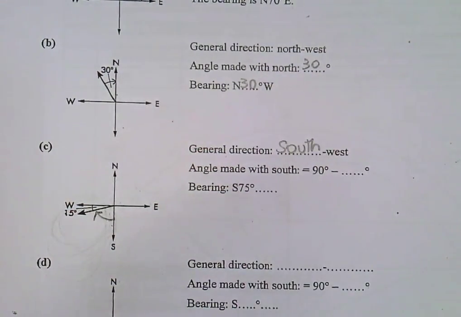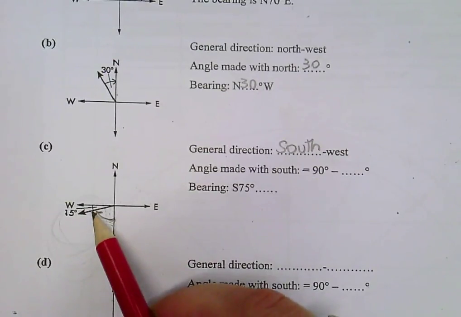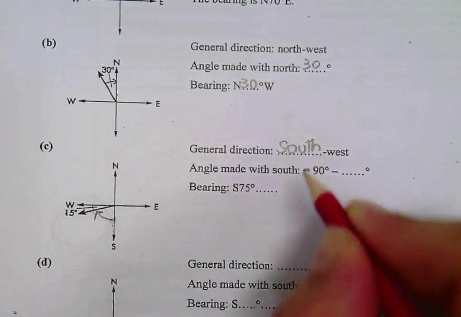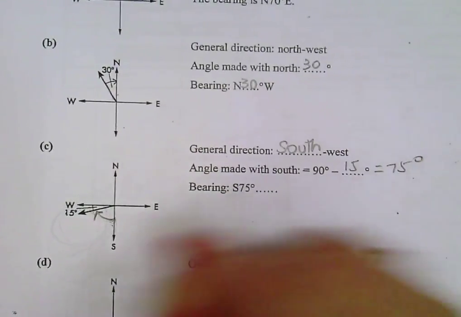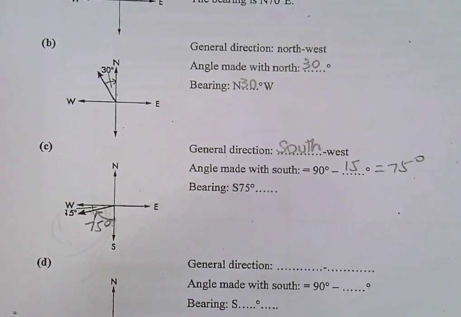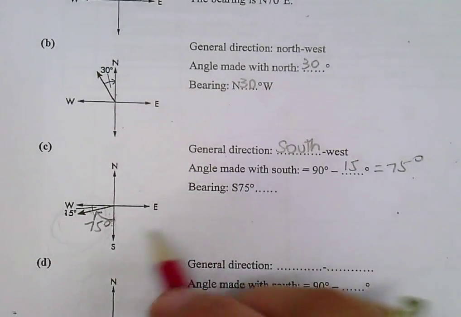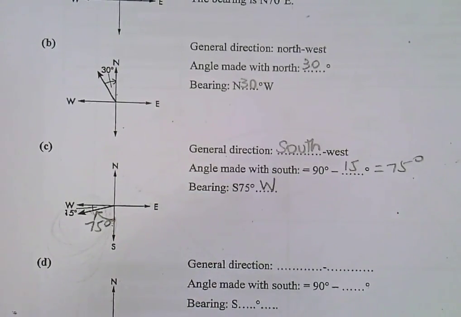You must start with the major direction, which is north or south. We obviously start with south and see how far we go towards west. If that's 15, this is 90 minus 15, which is 75. So this angle here is 75. So therefore, the bearing is south 75 degrees west.